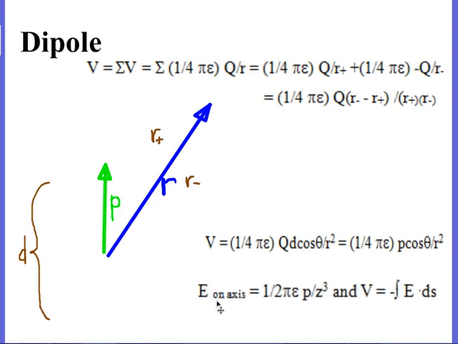I would ask you to recall that the field of a dipole, and this time it was only on the axis, was given by this quantity, which we also need to memorize. But note, the potential is equal to the integral of the field dot ds.